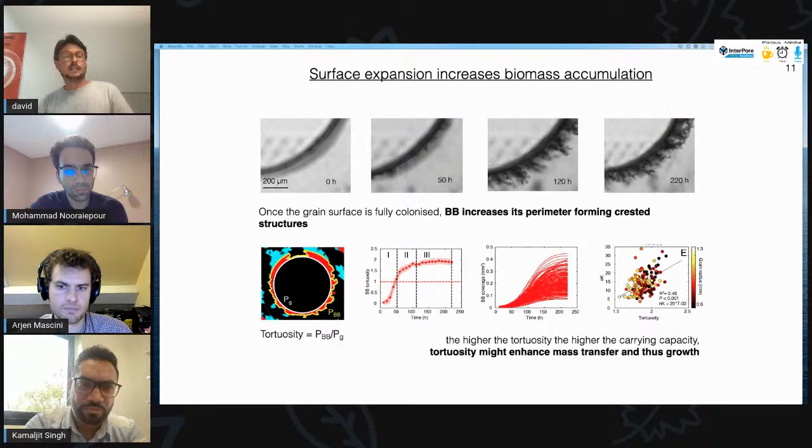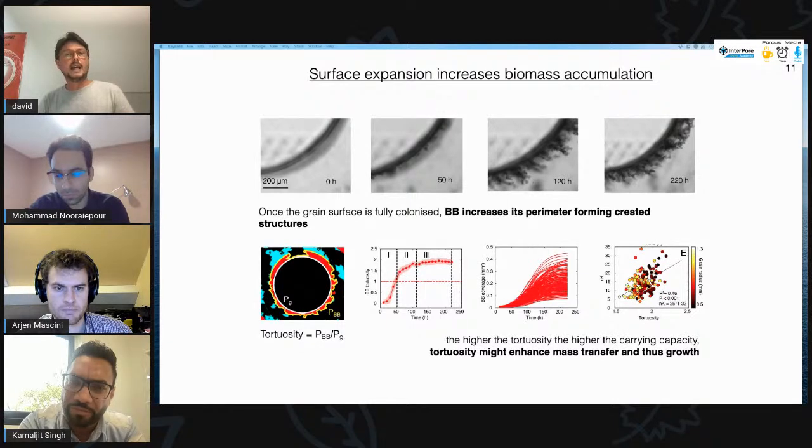And we could see in the plot that the higher the final tortuosity of the base biofilm, the higher the biomass achieved. So this suggests that these crested architectures promoted biofilm growth by enhancing the surface exposed to the mass transfer.